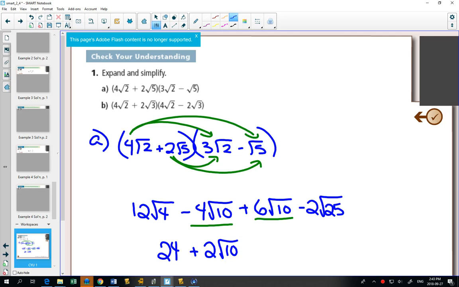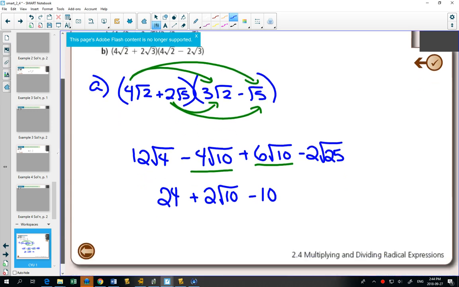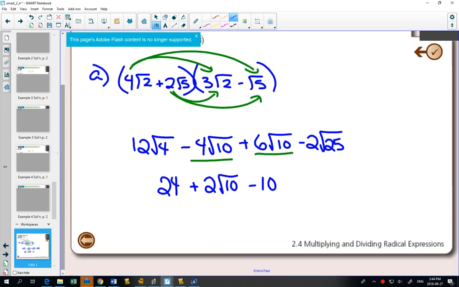And minus 2 times the root 25 is really minus 2 times 5, negative 10. Do we have any like terms here? 24 minus 10, 14. Can I simplify 2 root 10?